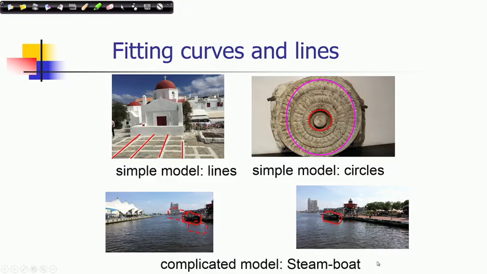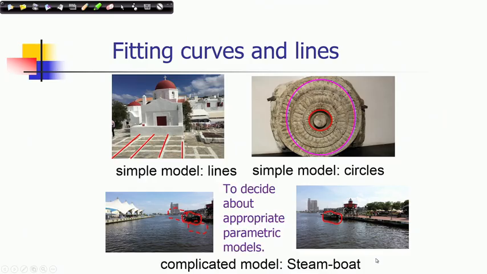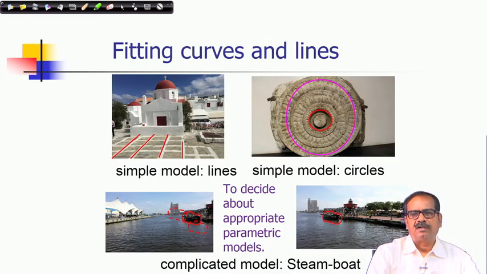But this is a bit complicated model for any arbitrary shape. So, the question is how to decide about appropriate parametric models, or appropriate forms of models, to relate the data points or to establish those relationships among those data points.